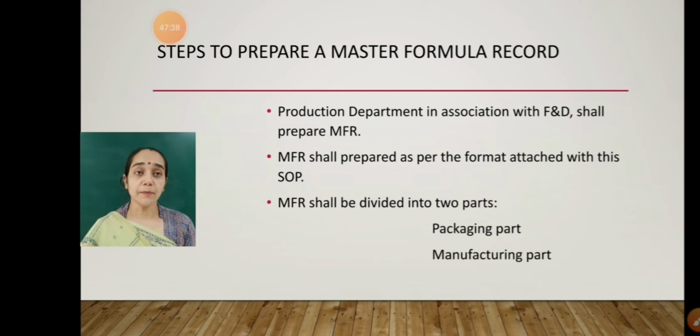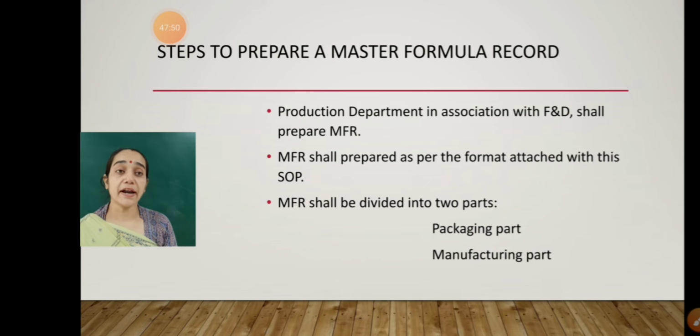So first of all, the production department, in association with the formulation and development department, will prepare the master formula record, and this master formula record will be prepared as per the format within its SOPs.